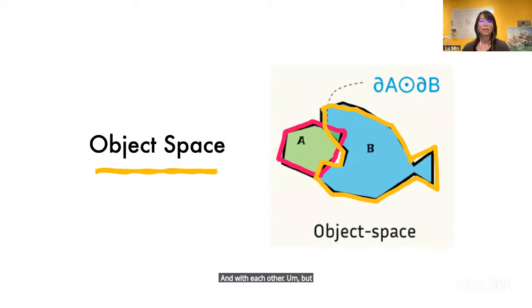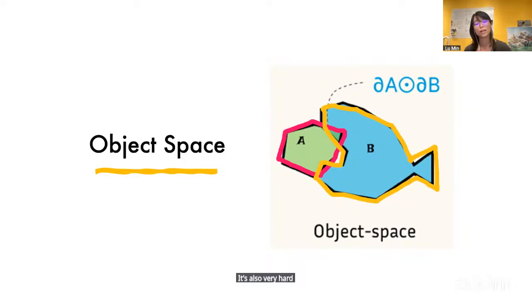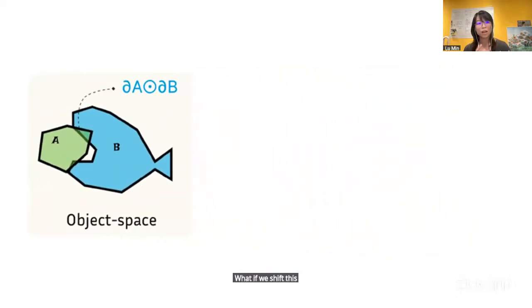But how to come up with very dedicated geometry descriptors is actually very challenging, and it's also very hard to generalize one descriptor to another. So this makes us think, what if we shift this problem from the object space into image space?